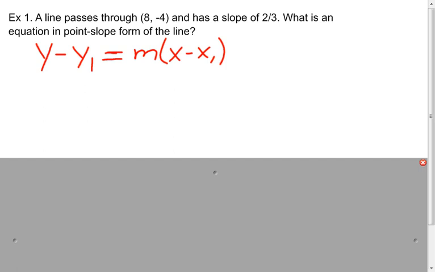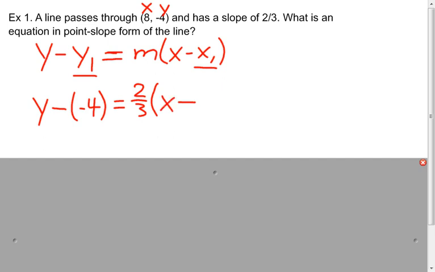So, they give us a point, which is an x and a y, right? X and y go in for x1 and y1. So, y minus the y value it gave me, which is negative 4, equals the slope, 2/3, times x minus the x value, which was 8.